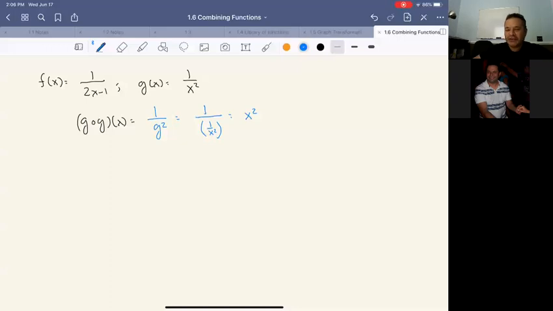That looks perfectly acceptable, except on our inside function, g of x, you have to avoid x equals 0. So we still have to throw out x equals 0.